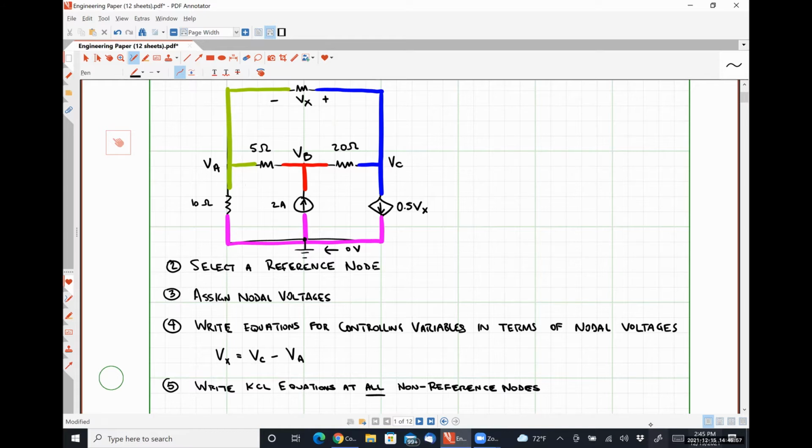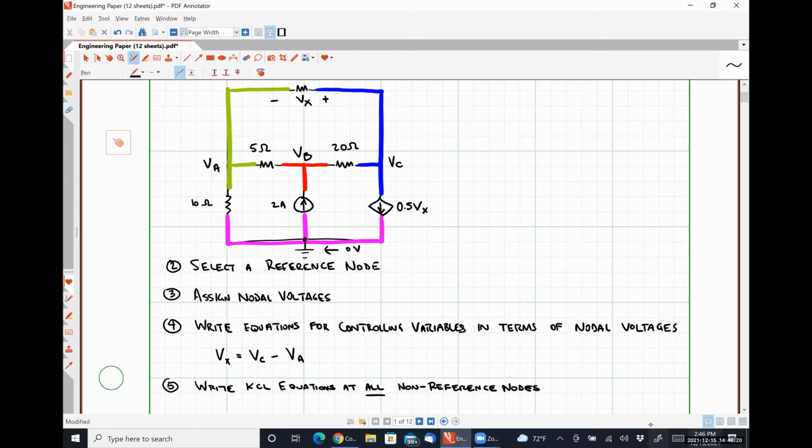The reason I use that convention is that if I'm doing KCL at node A, all of my VAs will be positive and all of my other nodal voltages will get a negative sign. When I do KCL at VB, all of my VBs will be positive and all of my other nodal voltages will get negative signs.